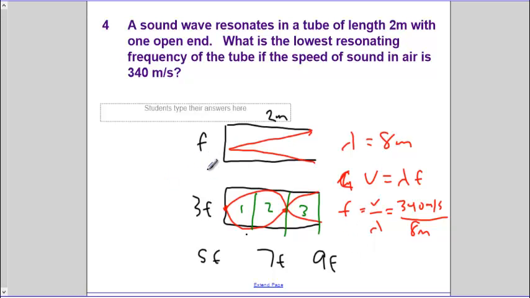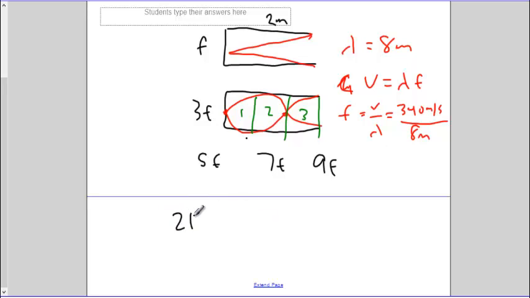Think about this. Why don't you get 2F? Why don't you get 4F, and so on? If I did 2F, let's just go down and draw. If I had a wave that were twice as frequent as this one, it would look something like this. Just imagine this tube and this tube are the same length. Forgive my illustration.